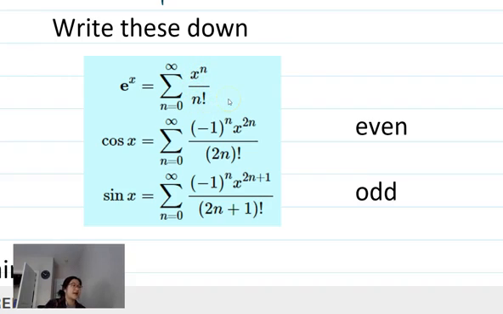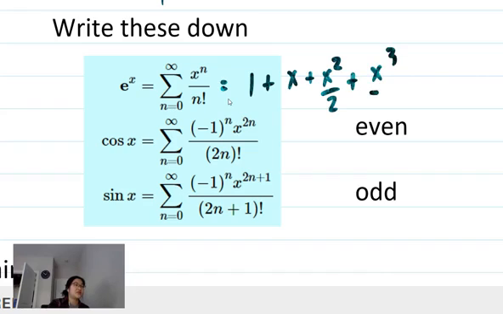So, just writing out some terms here, that means that we have 0, x to the 0, which is 1, over 0 factorial, which is 1, so 1, plus x over 1, plus x squared over 2, plus x cubed over 6, or 3 factorial, plus x to the 4th over 4 factorial, and so on.